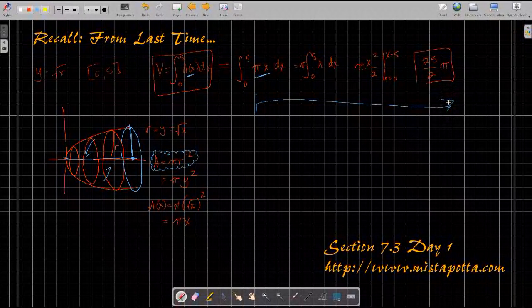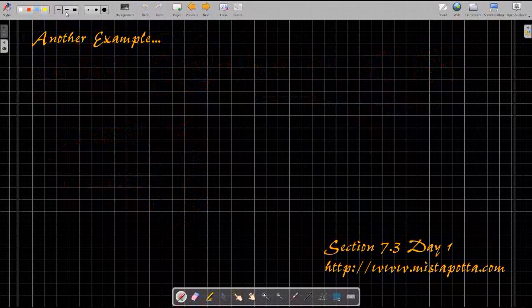So I wanted to do a couple more examples of this, some with a little bit more interesting functions. So let's say that I'm dealing with y equals the exponential function, e to the x. And I'm going to be dealing with this on the closed interval from 0 to 2.